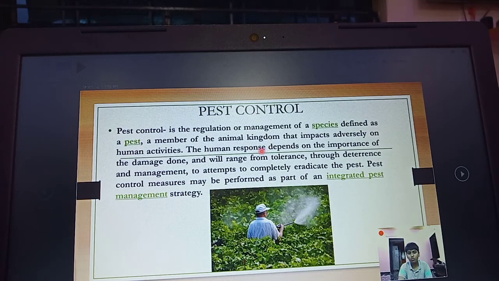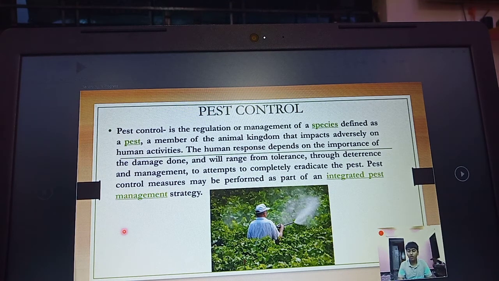The human response depends on the importance of the damage done and will range from tolerance through deterrence and management. To attempt to completely eradicate the pest, control measures may be performed, as part of an integrated pest management strategy.